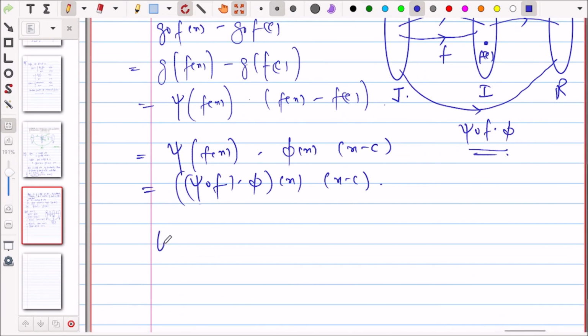Okay, so now let chi equal psi of f dot phi.